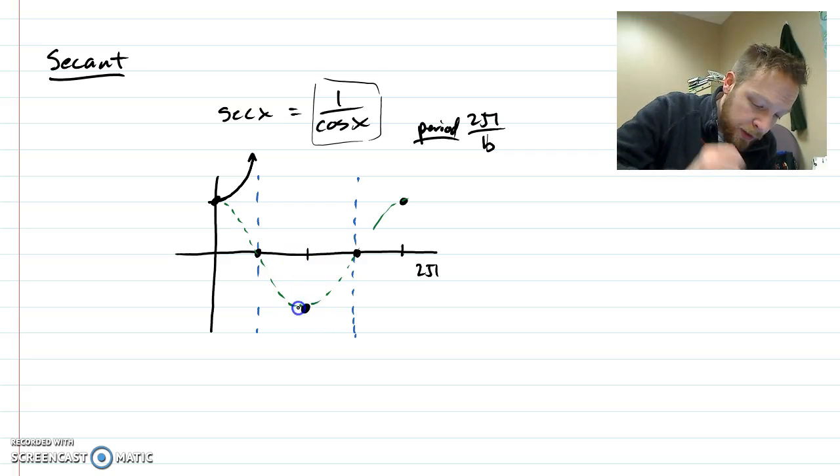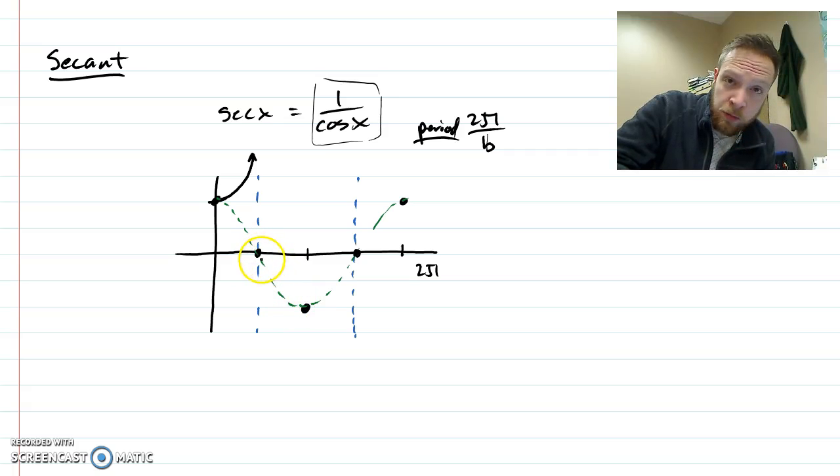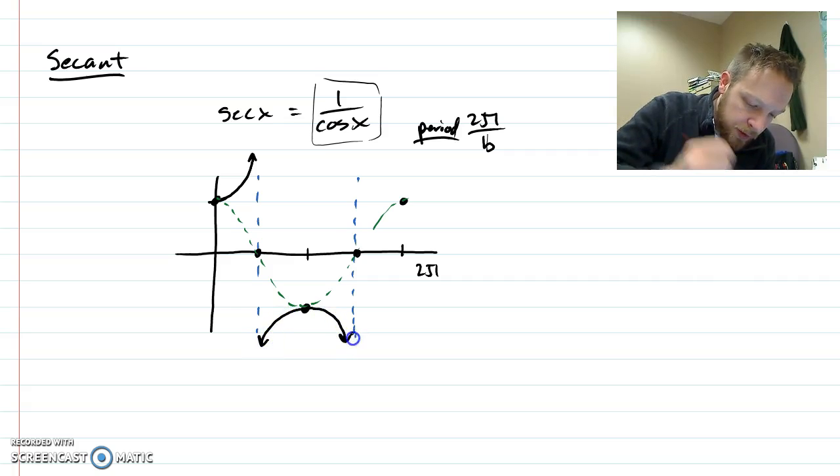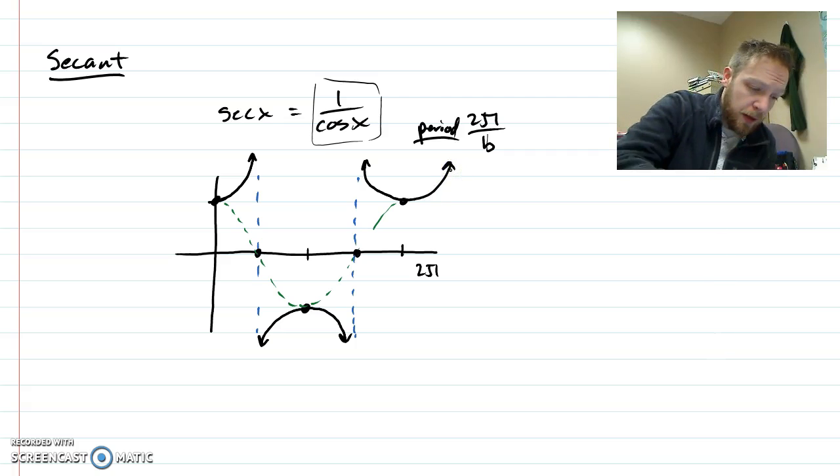This is going to be 1, but if we think about traveling backwards to 0 on a normal cosine, that would be traveling backwards to infinity in both directions. Okay, and then over here, you would have this same movement. And then you would have another blue line right there.